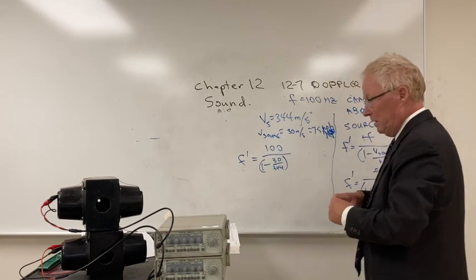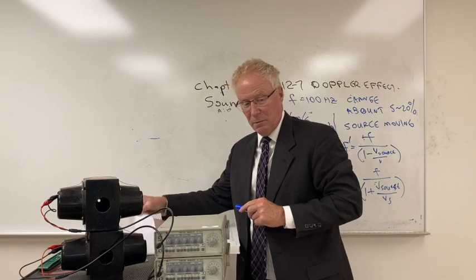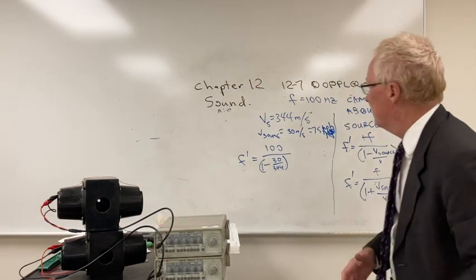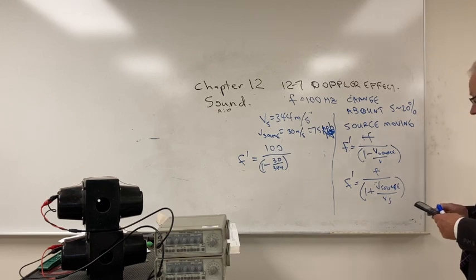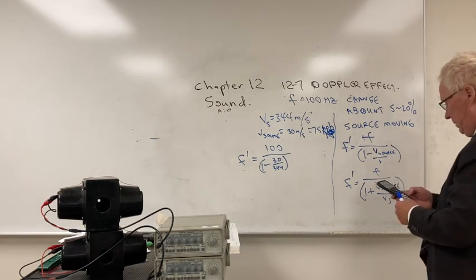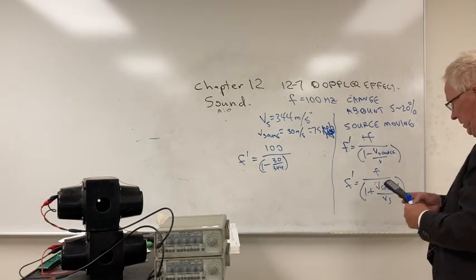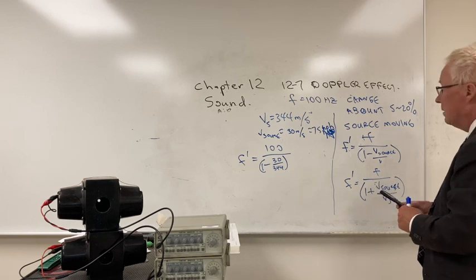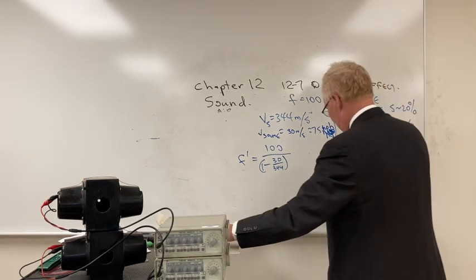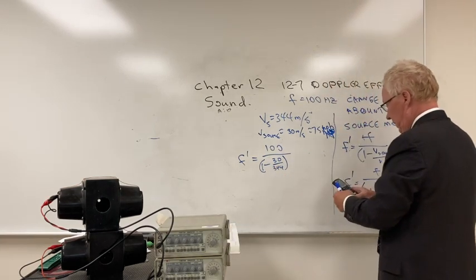If you calculate this out, 30 over 344 is about 0.09, so 1 minus that is 0.91.